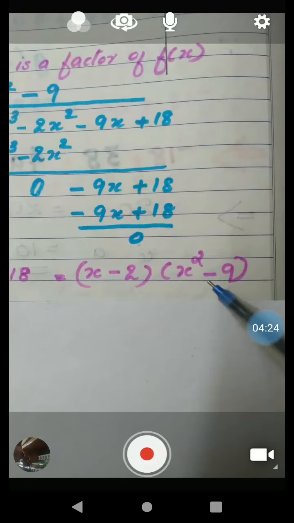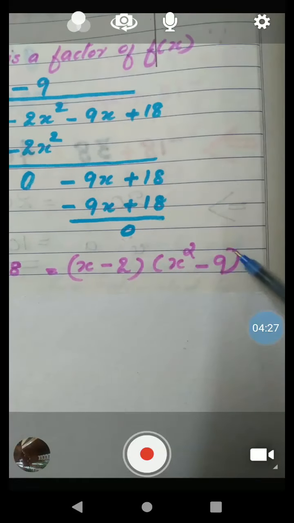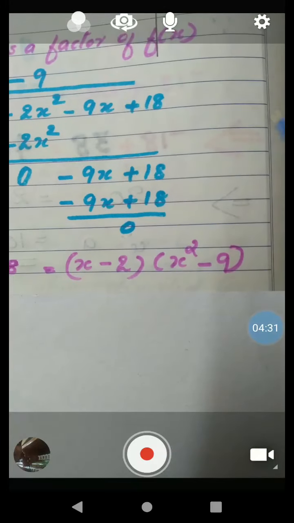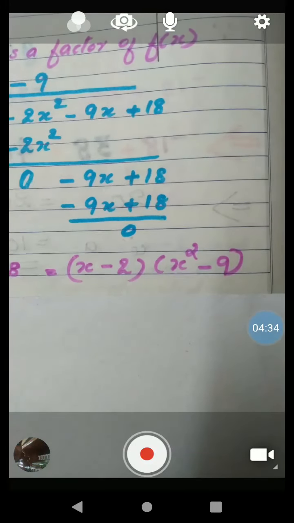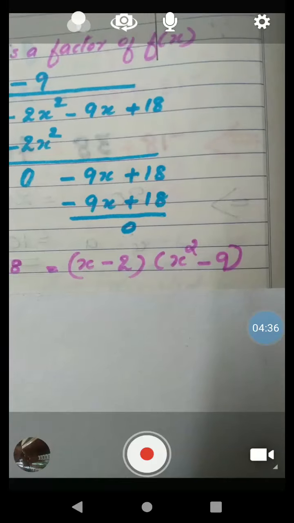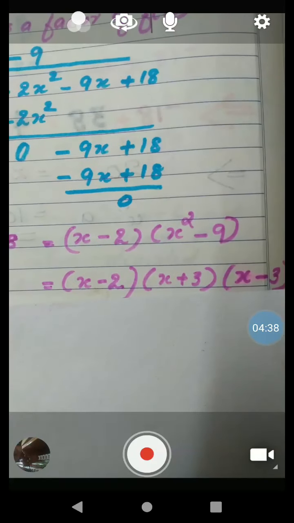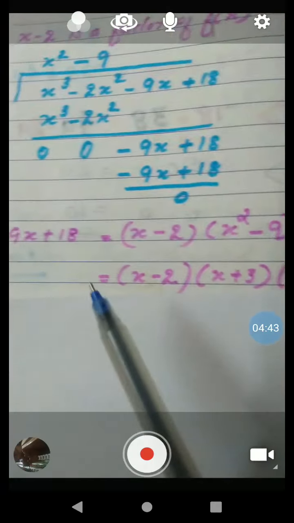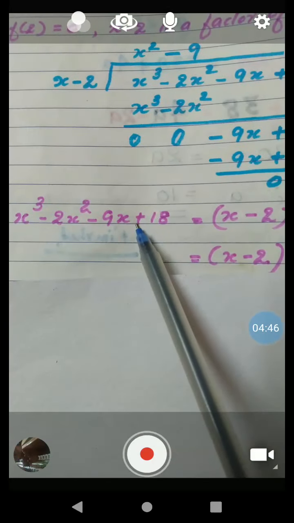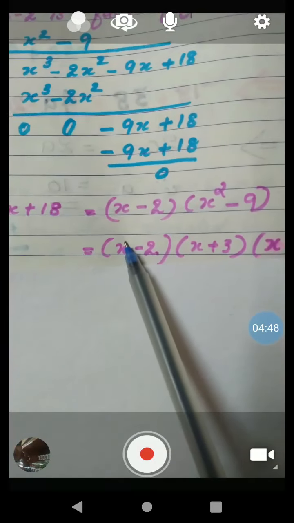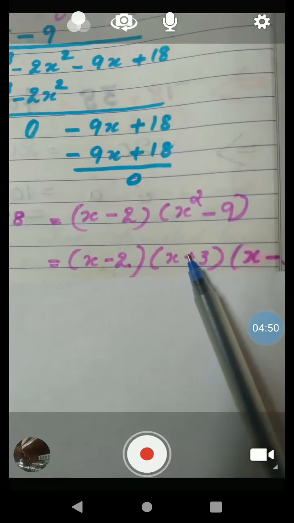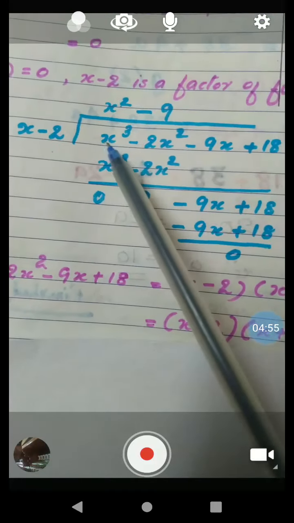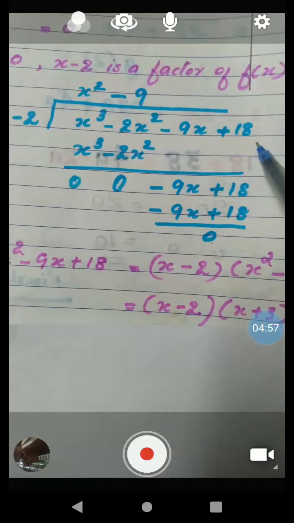Which identity can we use? a square minus b square form. a square minus b square is a plus b into a minus b. So, instead of x square minus 9, we can write x plus 3 into x minus 3. So, you can see the factors x minus 2, x plus 3 and x minus 3 are the factors of this expression. Clear?